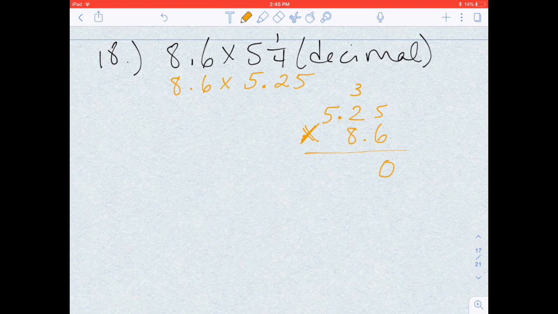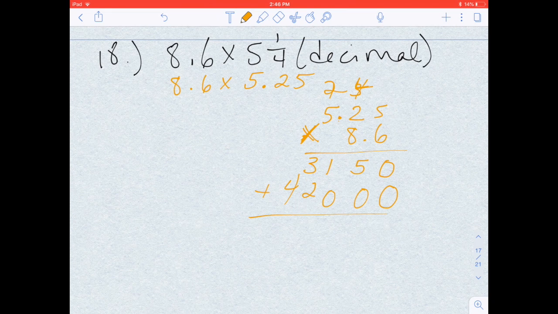Okay, so 5 times 6 is 30, 2 times 6 is 12, plus 3 is 15, 5 times 6 is 30, plus 1 is 31. Put a 0 because I'm doing my next line. 8 times 5 is 40. This is 40 now. 8 times 2 is 16, plus 4 is 20. 8 times 5 is 40, plus 2 is 42.